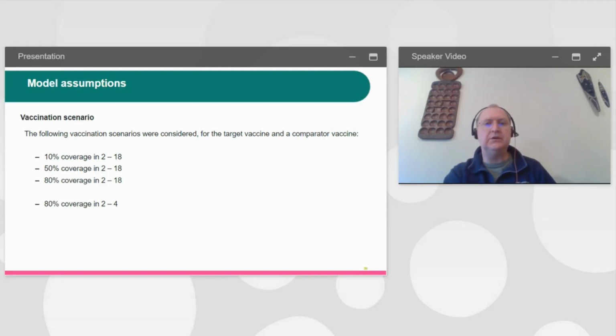These scenarios were in addition to the existing background vaccination for flu, which was a policy essentially of vaccinating the elderly and at-risk groups.